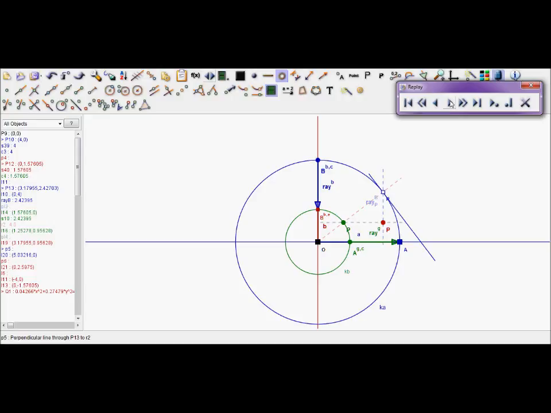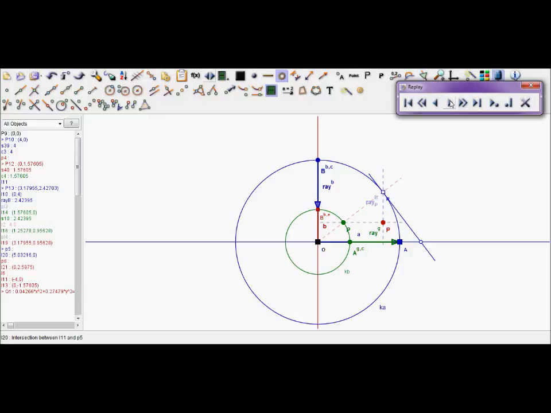Now we need the point where the tangent intersects with the axis of affinity, which in this case is the major axis. Points that lie on the axis of affinity are projected into themselves, and there is no need to search for their images, so this is an easy way of getting new points to help us solve the problem.